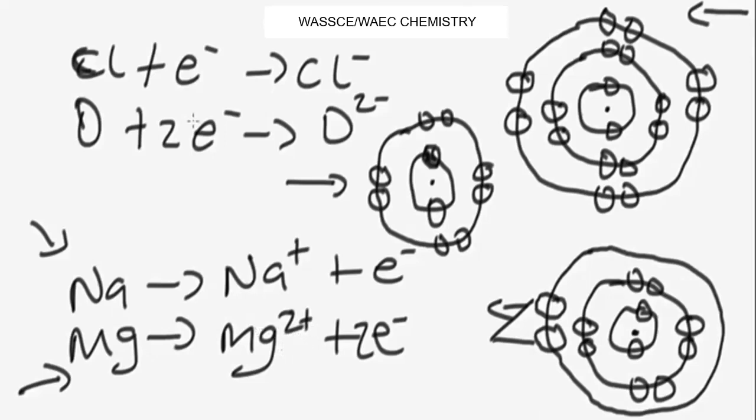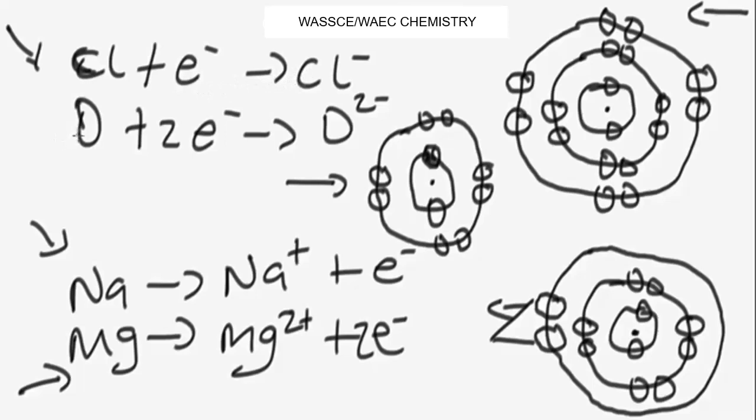Now in the case of non-metals, elements in group 7, as we know, they all have 7 electrons in their outer shell. So they will gain 1 electron to attain stability, just like chlorine. Another typical example is fluorine. Fluorine is also in group 7. So they will gain 1 electron to attain stability, to form a single negative charge, which has the same electronic structure as a noble gas.